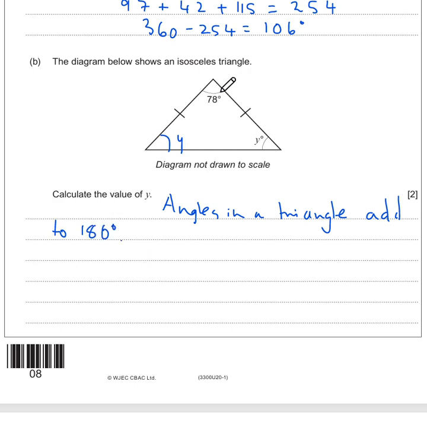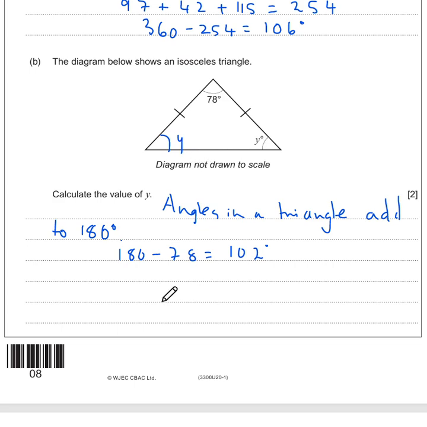So I'm going to start with 180 degrees. I'm going to subtract this 78 degrees to see what the remaining angles add up to. And that's going to give me 102 degrees.